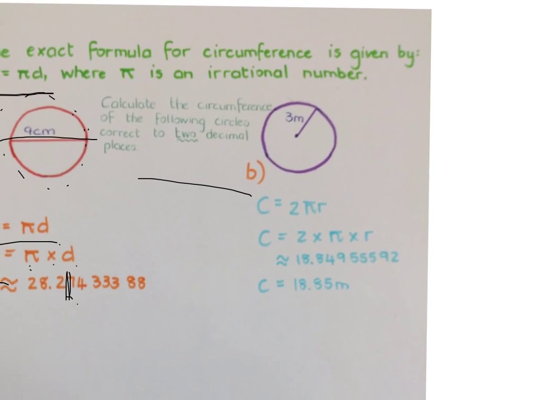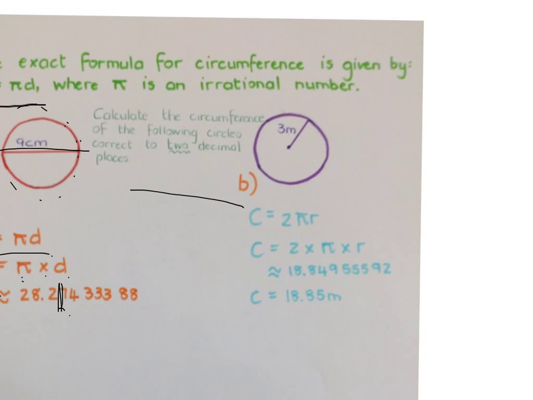Now this is also a very important formula that you have to know: the circumference is equal to 2 times the radius. Remember we said the diameter was 2 times the radius, okay? So the circumference is 2 times pi times r.